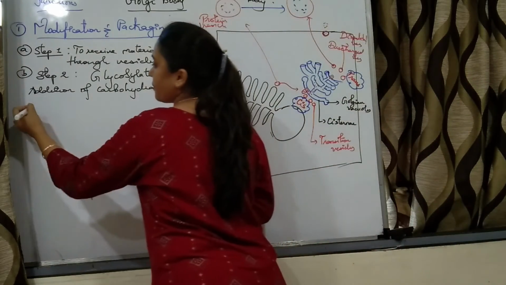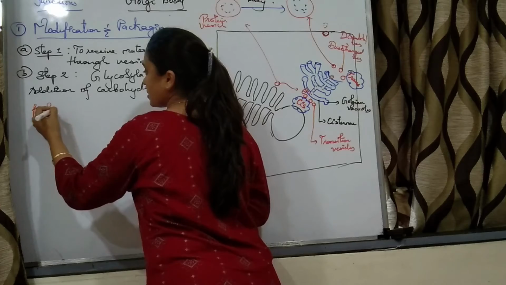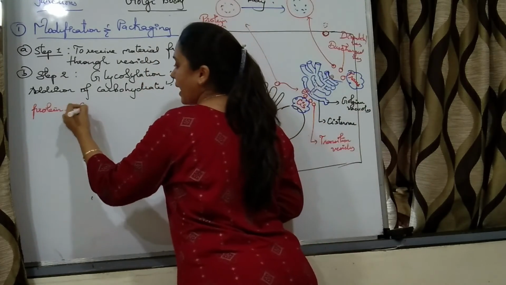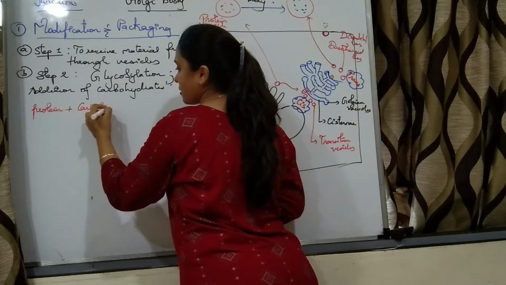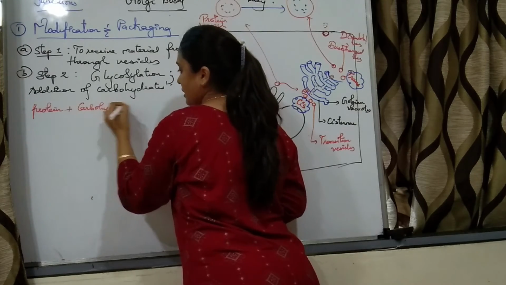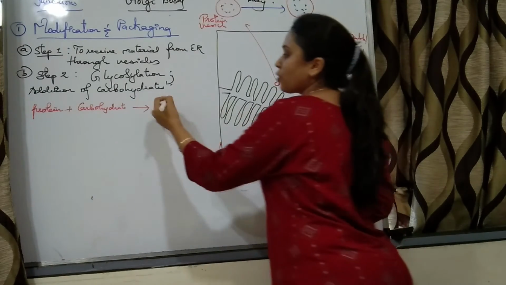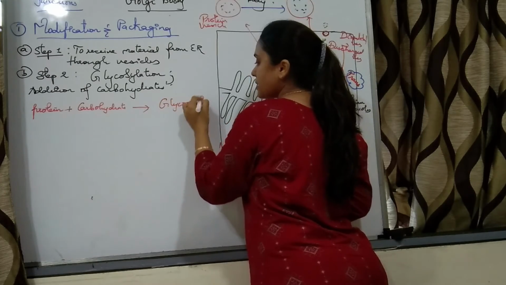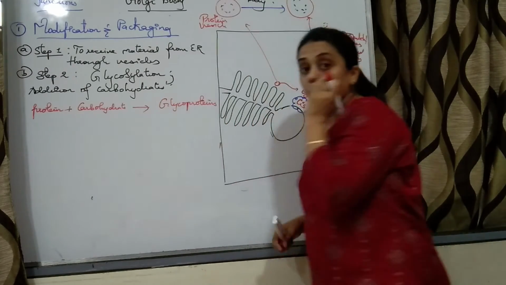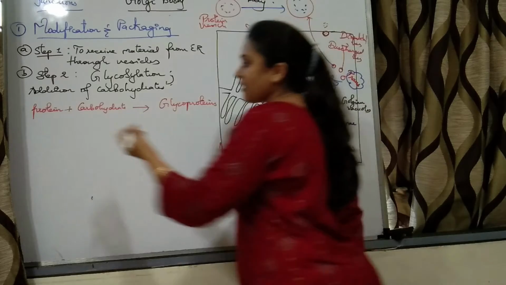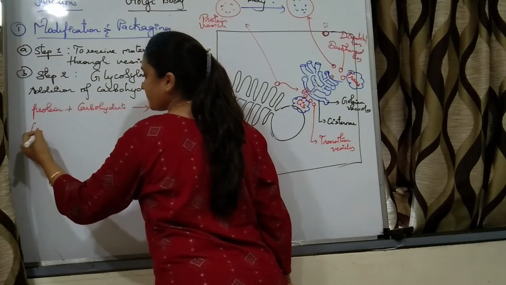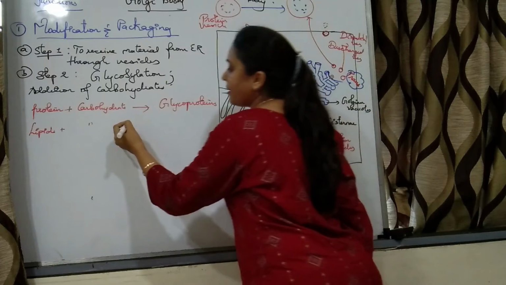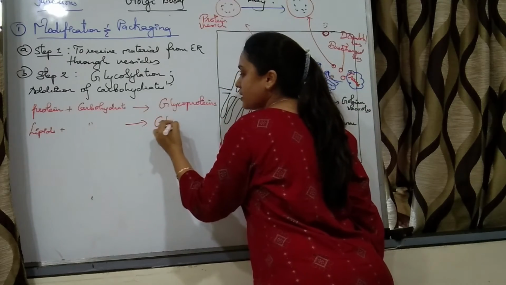So say for example, if this is a protein and a carbohydrate is added, then what are we going to get? We are going to get glycoproteins. Glycoproteins are formed. If lipids are there and carbohydrates are added, then what is formed?